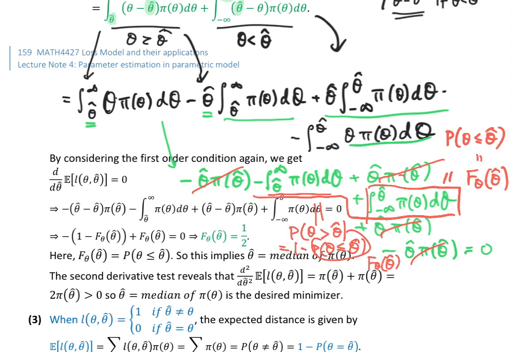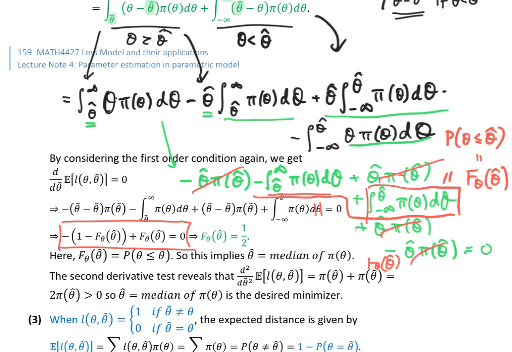By doing this, these two integrals will be equal to these two terms respectively. So that will be the final equation for theta hat that you obtain. Of course you can try to solve it, and you will find that F of theta hat equals 1/2.